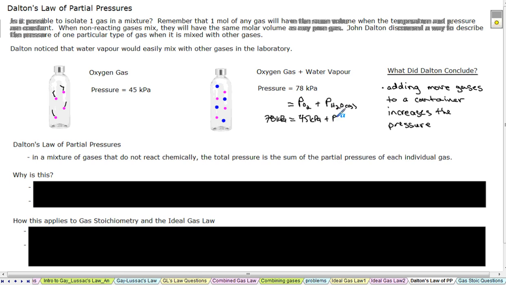Then we can determine the pressure of the water vapor, and we would get 33 kPa.